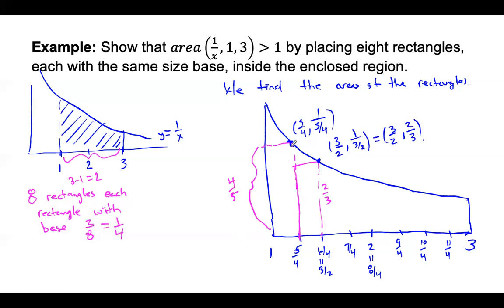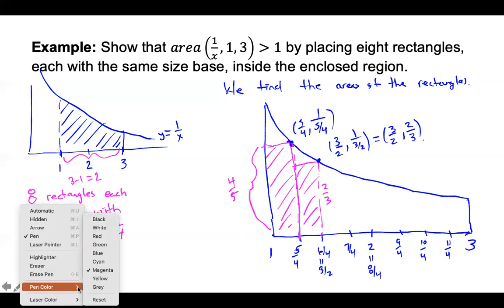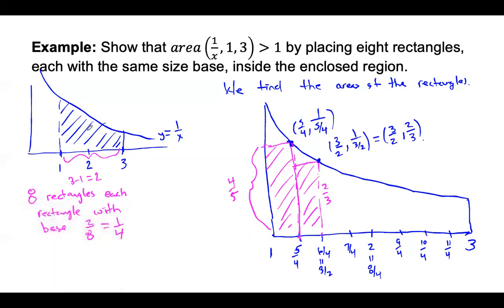These rectangles. And the width, which we just found from over here on this side, was 1/4. So like these widths are 1/4, 1/4.